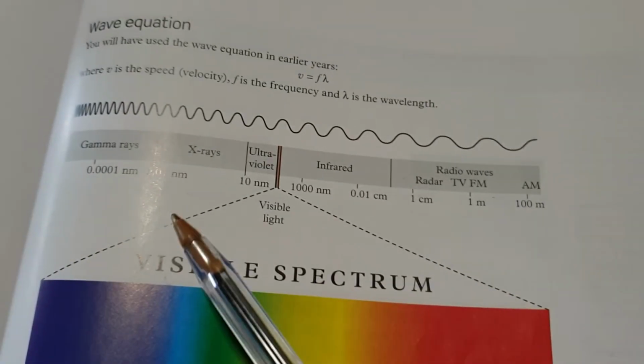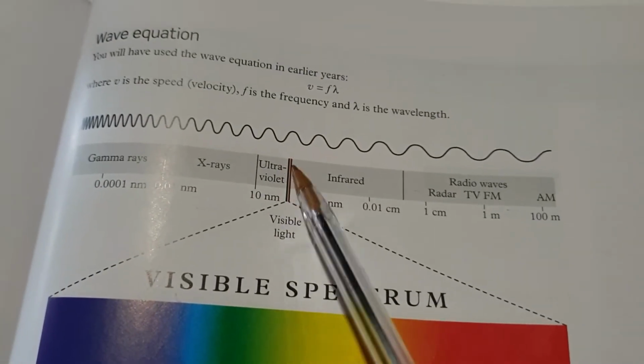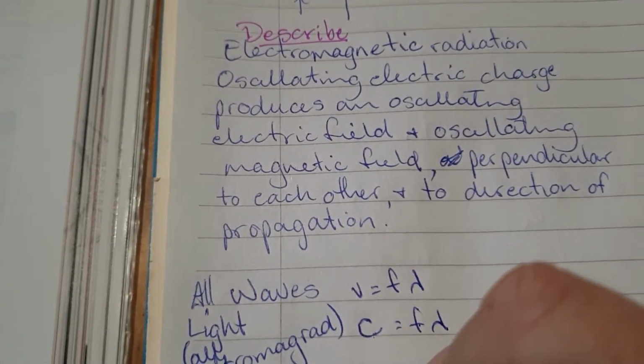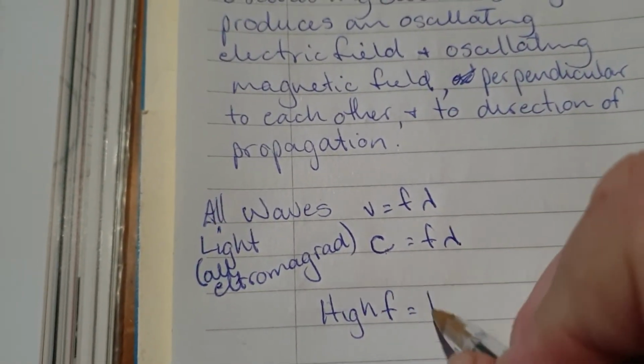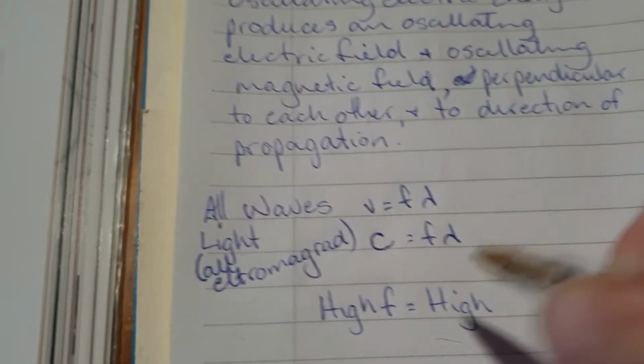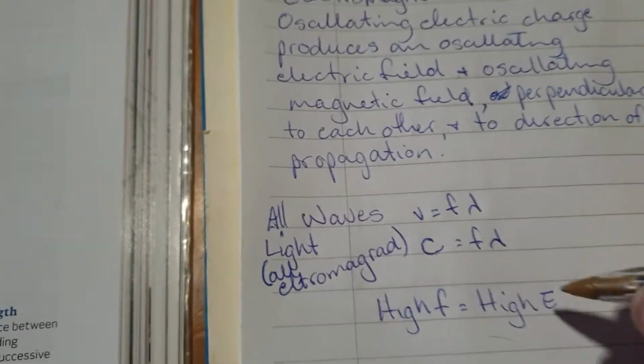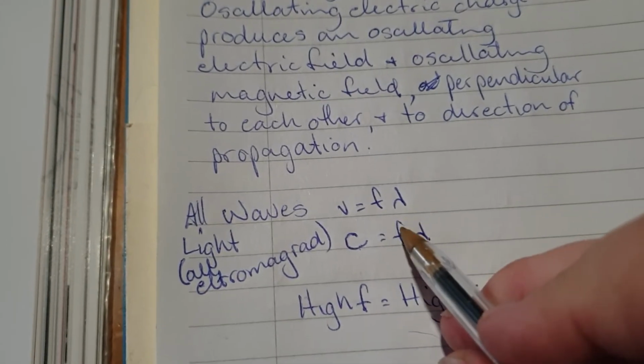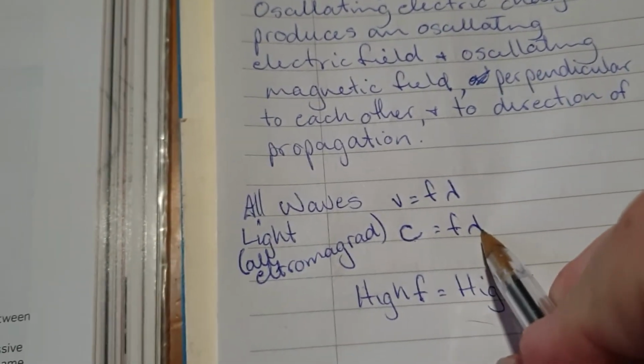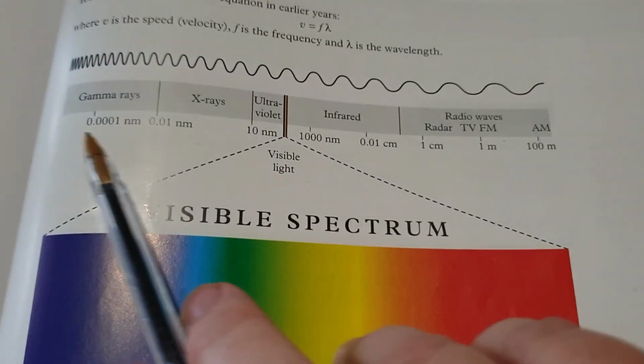Right, so visible light only makes up this tiny little bit of the spectrum. Something to remember: high frequency equals high energy. And when we get a bit further in, we'll find a formula that tells us about that. So high frequency, according to this, will be low wavelength. The smaller wavelengths are this end of the spectrum.